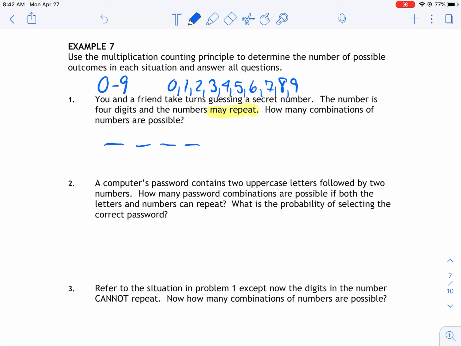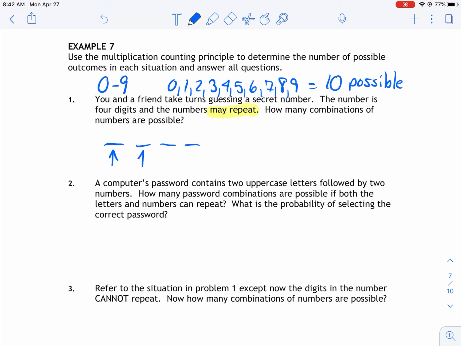If I count all those numbers up, I get 10 possible digits for each spot in the secret number.